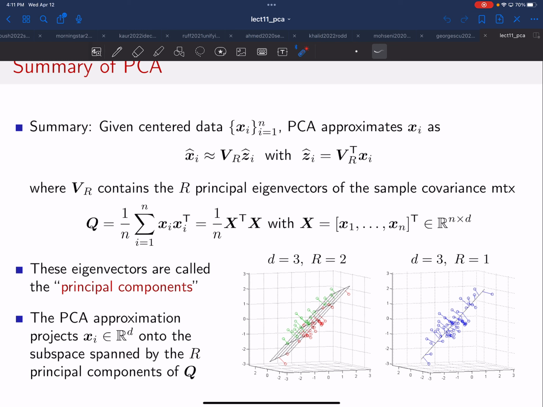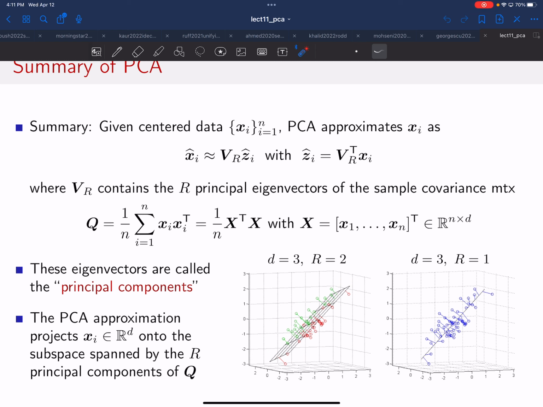And the sense in which we are looking for the best fit is the RSS, residual sum of squared errors. So in this case, that means finding this plane, which is the best fit to this cloud of 3D data.